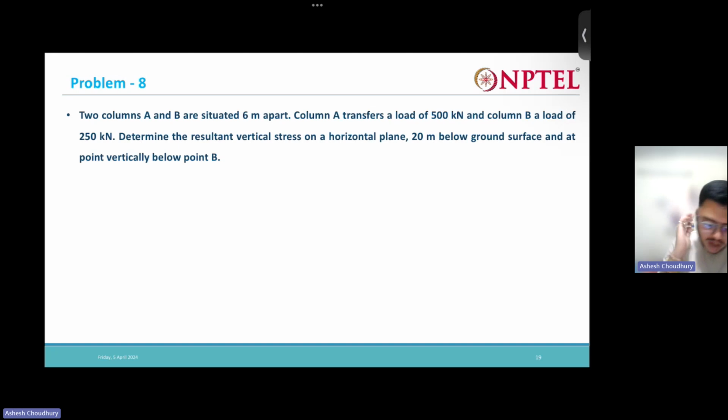Next problem. Two columns A and B are situated 6 meter apart. Column A transfers a load of 500 kilonewton and column B a load of 250 kilonewton.